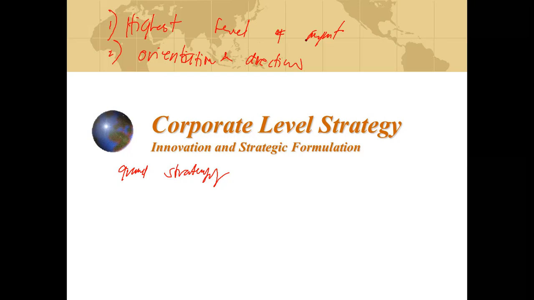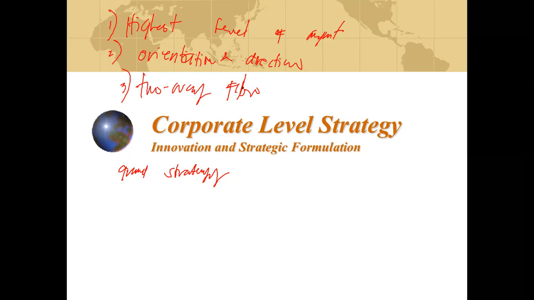It is concerned with the decision regarding the two-way flow of company information and resources between various levels of management. The two-way flow. Okay, it is concerned with decision making regarding the two-way flow of your information and resources.